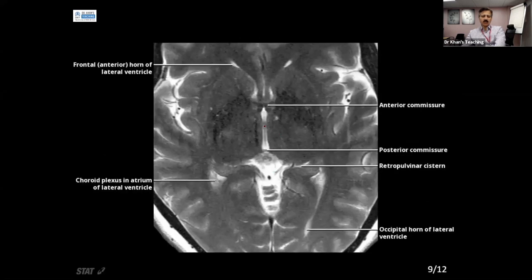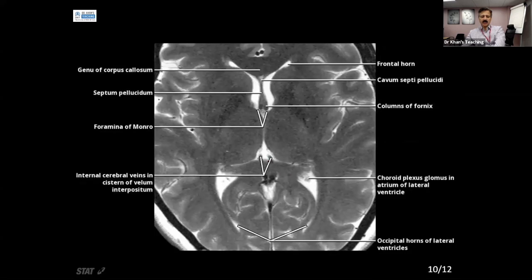So this is thalamus, and this is the third ventricle. So now you know that this thing here is the anterior commissure, and this is the posterior commissure, which we saw on that sagittal. And these are those two internal cerebral veins which are draining the thalami and the basal ganglia.